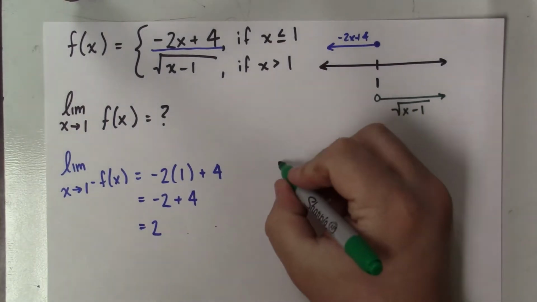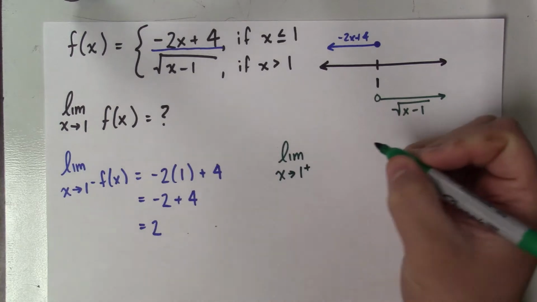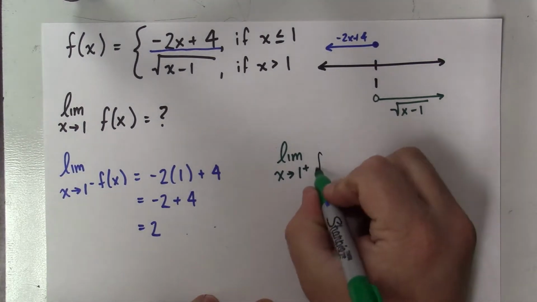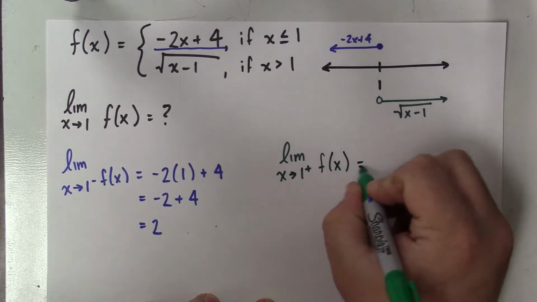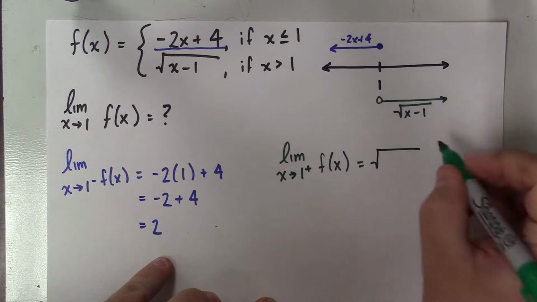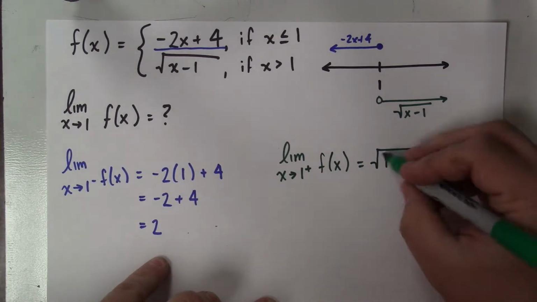Similarly, I can do the same thing and evaluate this function at 1 from the right. Now I want to think here for a little bit. Let's make sure that I don't create a domain restriction when I plug in 1 for x.